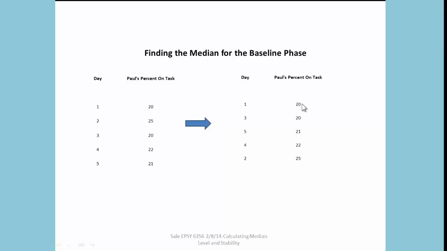You can see that we have 20, 20, 21, 22, and 25 as our data points. The middle data point, or the median, is 21. You can see that circled.